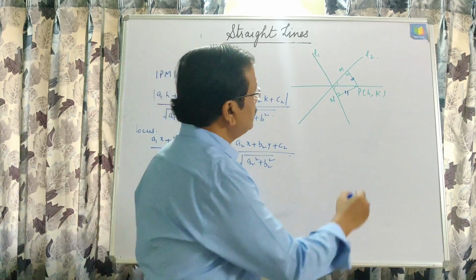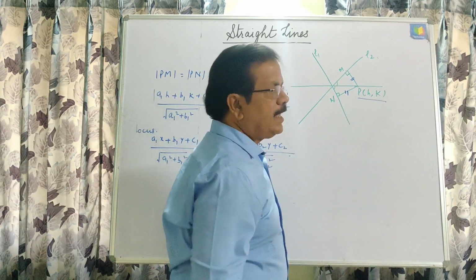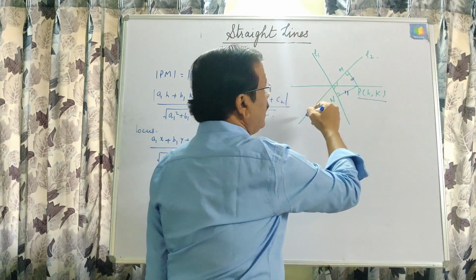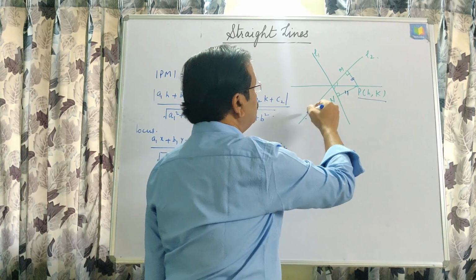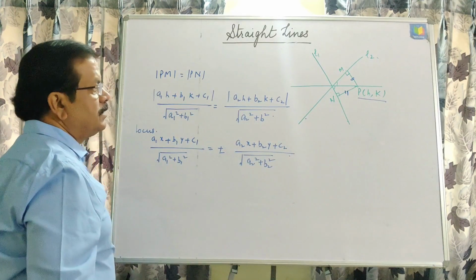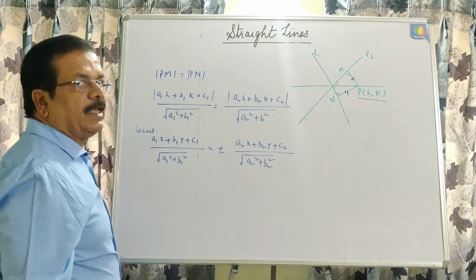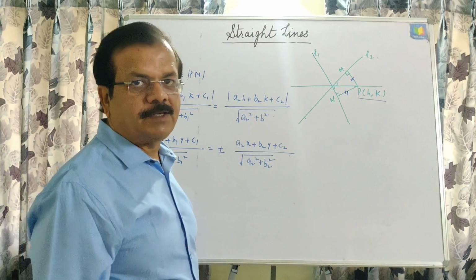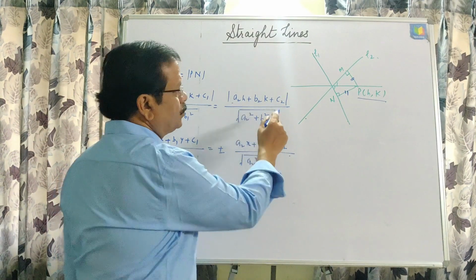Okay, and that is why let this point be h, k, and this equation ax plus by plus c is equal to 0. Another equation ax plus by plus c is equal to 0. In the first one, you can take coefficients a1, b1, c1. Second one, a2, b2, c2.